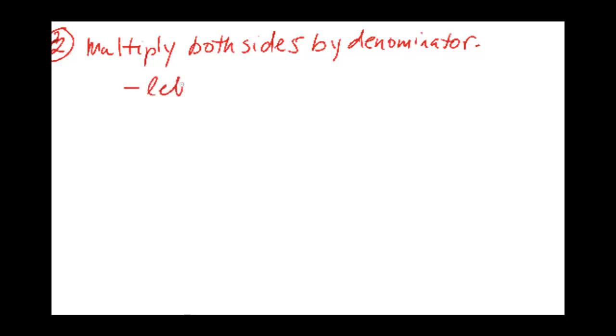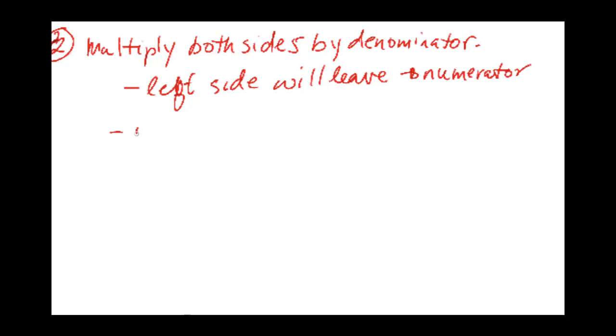Left side will leave always the numerator intact. And on the right side will be a bunch of letters times a bunch of parentheses.